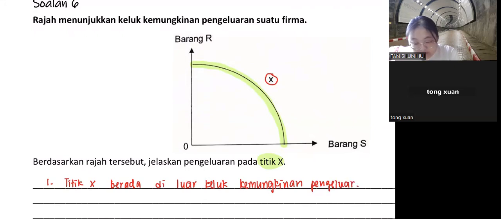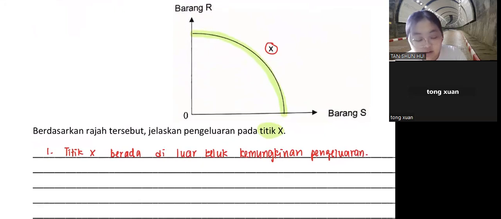So it's outside means what? Then you're gonna tell me, oh, it's outside means achievable or not achievable? You gotta tell me not achievable. So you can say titik X tidak dapat dicapai.